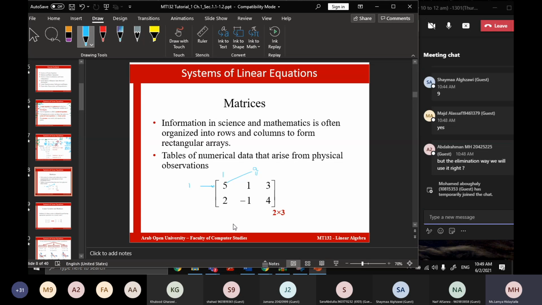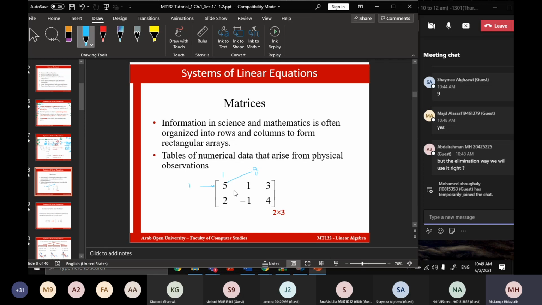I told you that the elimination method is actually almost the same idea as the matrix method. It is the basis for work with linear equations.